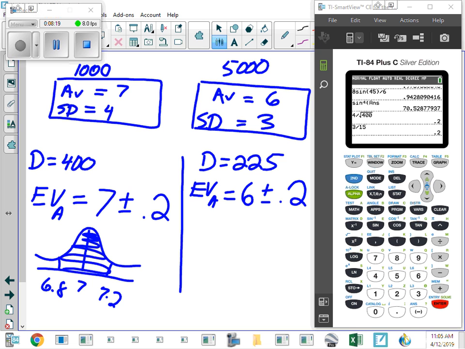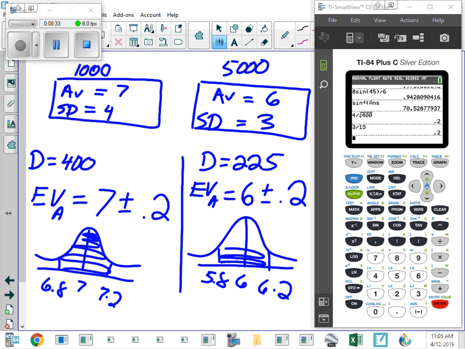And yours is also 0.2. So if we draw your curve, you're expected to get 6, but you have a 68% chance of getting between 5.8 and 6.2. Now, notice, our boxes are not the same size.